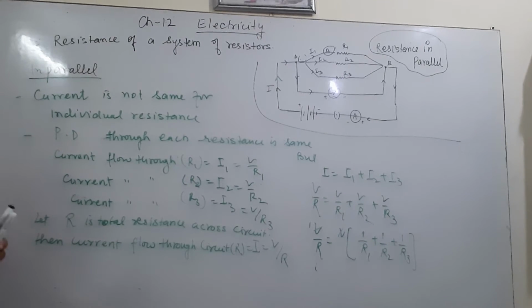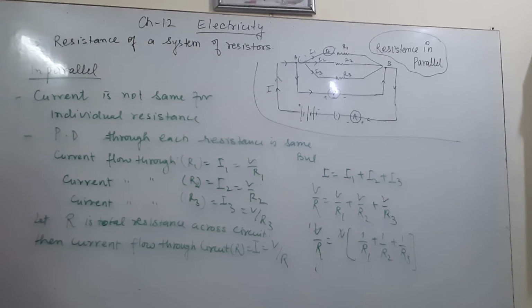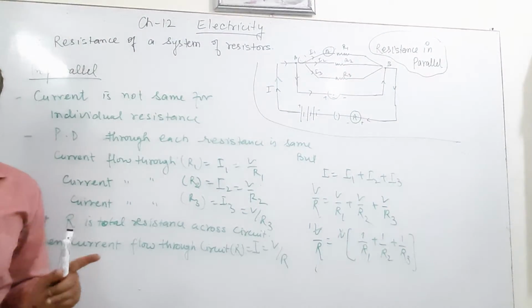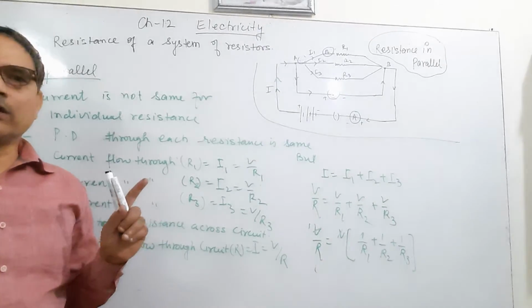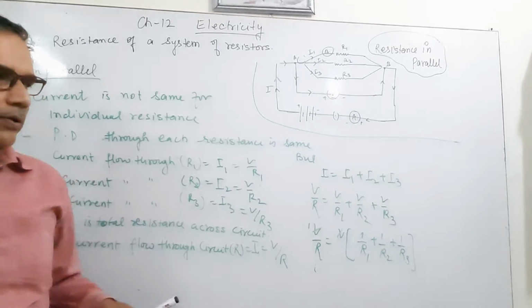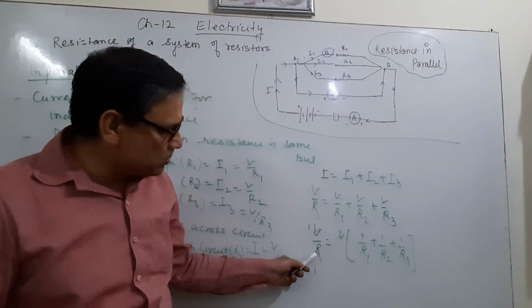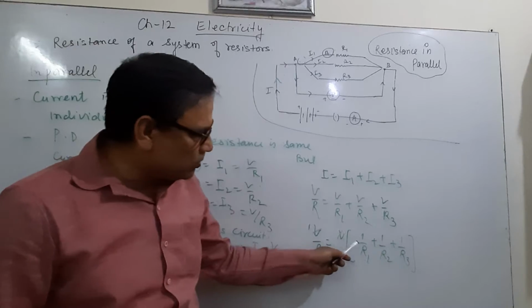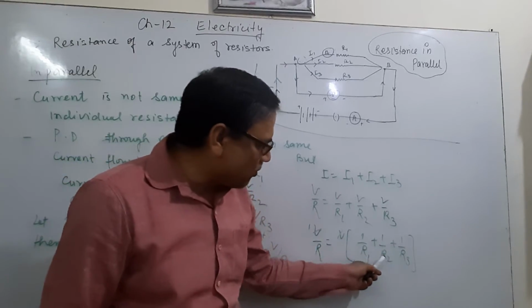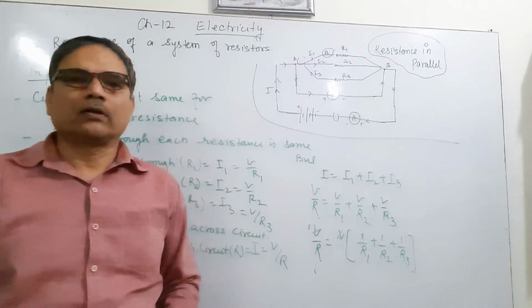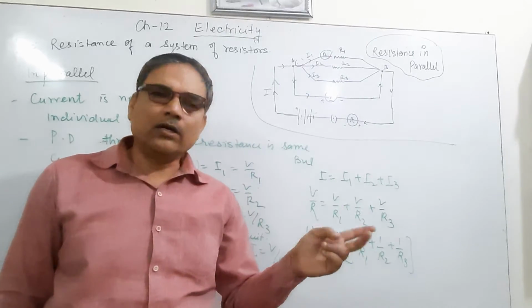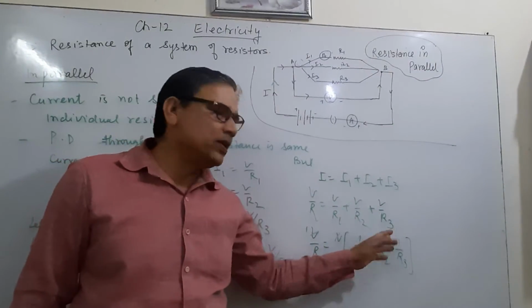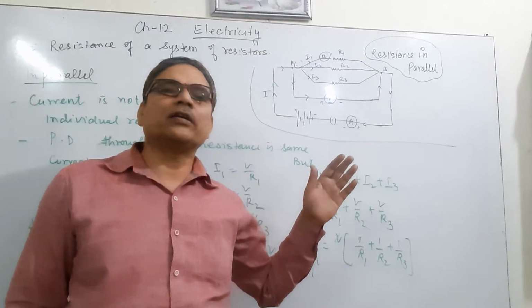1 upon R is equal to 1 upon R1 plus 1 upon R2 plus 1 upon R3. This means in parallel, the reciprocal of the total resistance is equal to the sum of the reciprocals of the individual resistances.